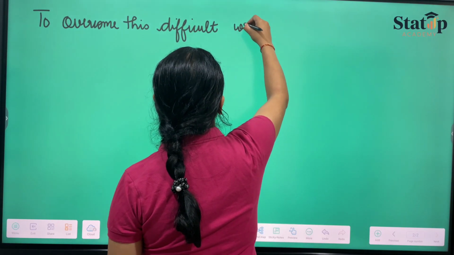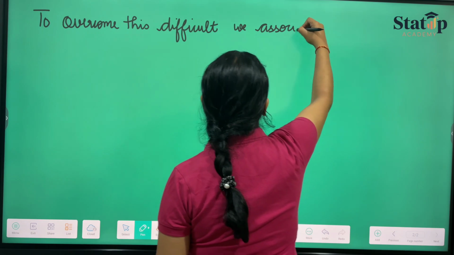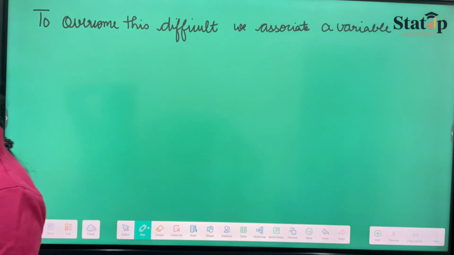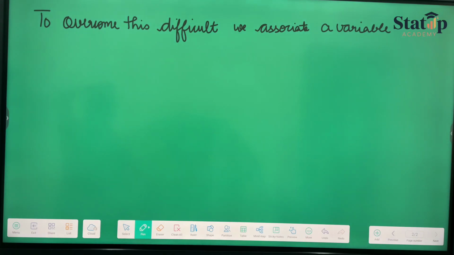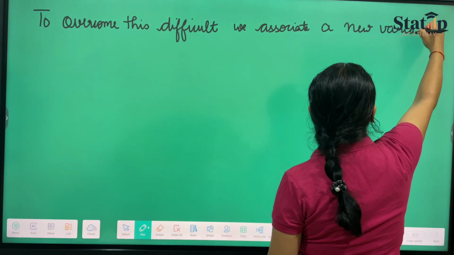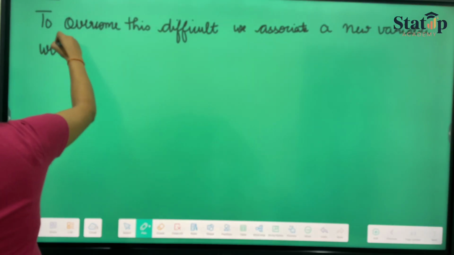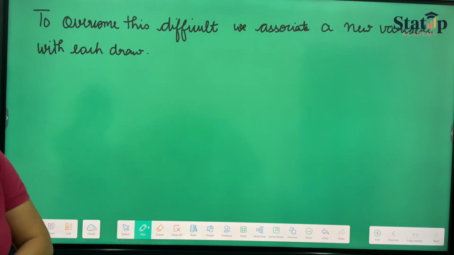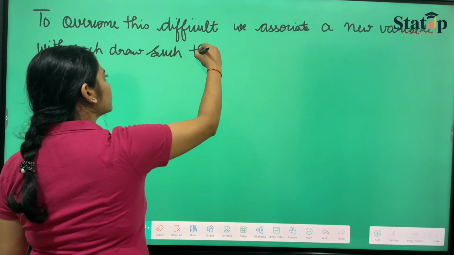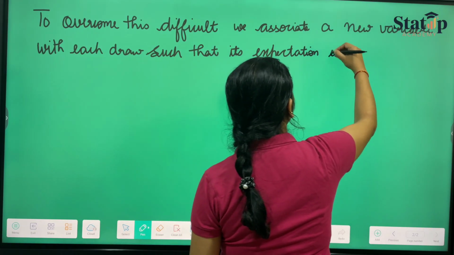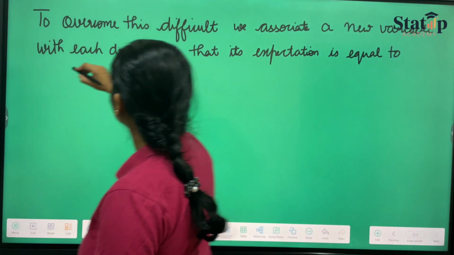To overcome this difficult situation, we associate a new variable with each draw, such that its expectation is equal to the population mean.